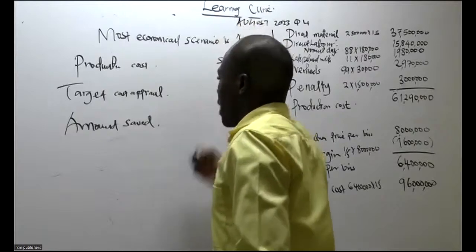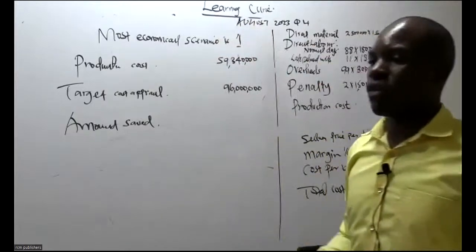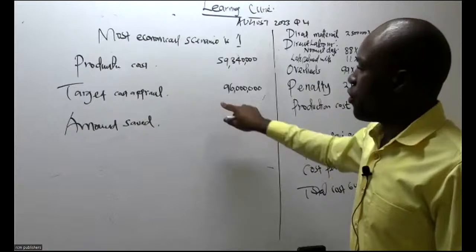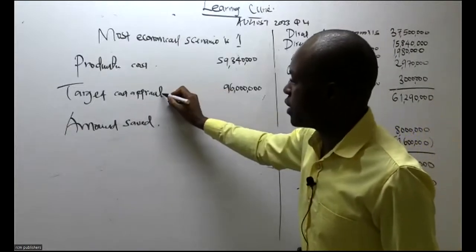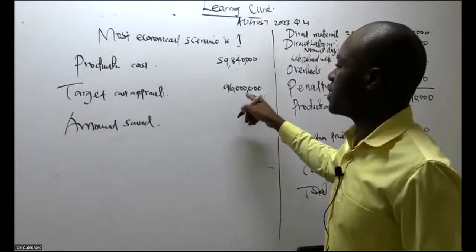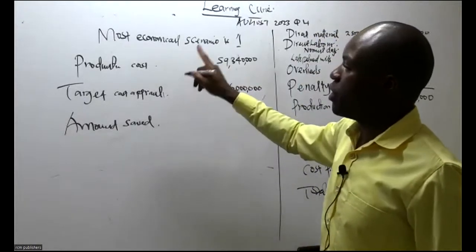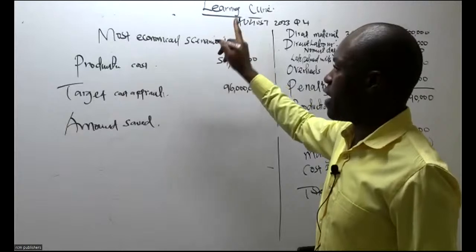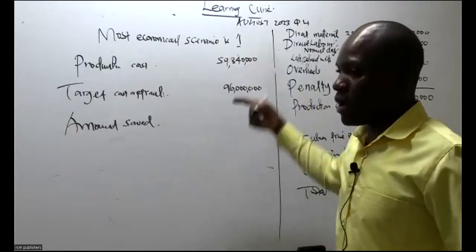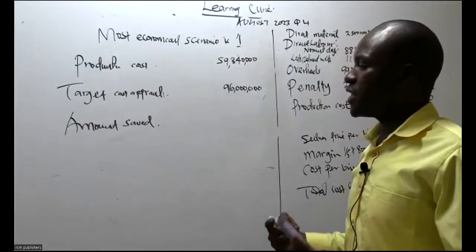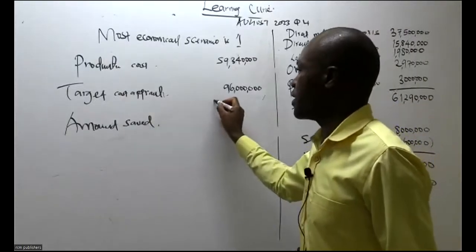Now, as a company, you are trying to minimize cost of production. The target cost approach is telling you that you are supposed to spend 96 million. But under the scenarios, you are only spending 59,340,000. So there's a benefit, an amount you are going to save. The amount saved is now the difference.